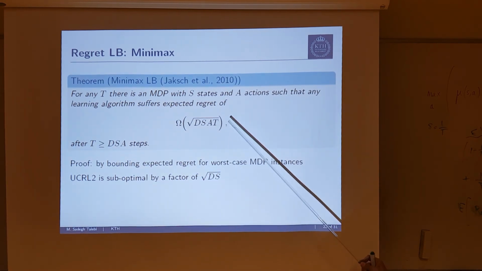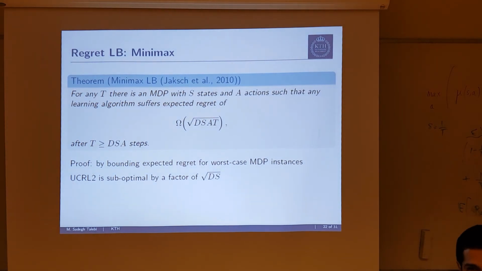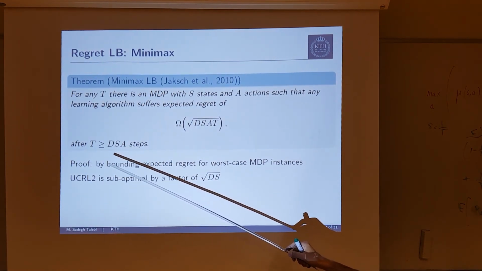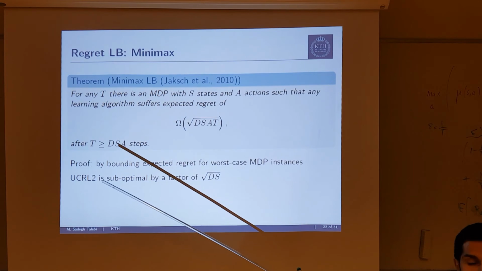Basically, from this minimax lower bound, you should get some insight, but not too much. It's not about insight; at first sight, it's an artifact of the proof, but maybe you cannot do better than this.